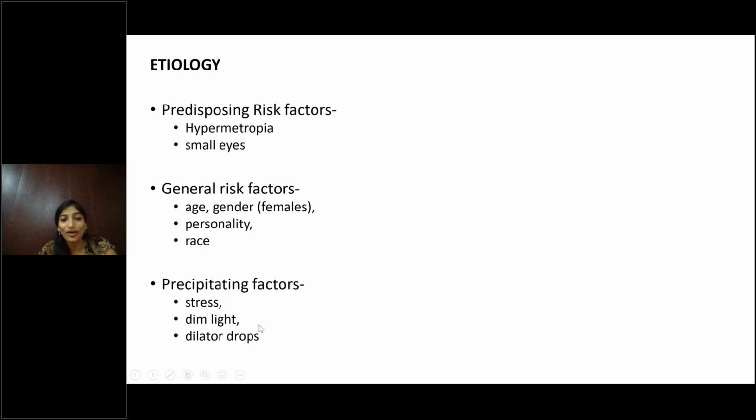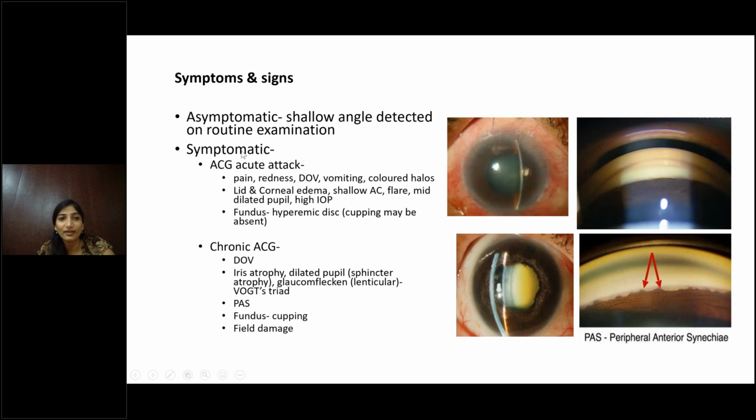Why? Because once they dilate the pupil, they cause mydriasis, which increases the contact between the iris and the lens, leading to a certain element of angle closure. Also, once it dilates, there is crowding of the iris in the periphery, leading to shallowing of the anterior chamber and closure of the angle.